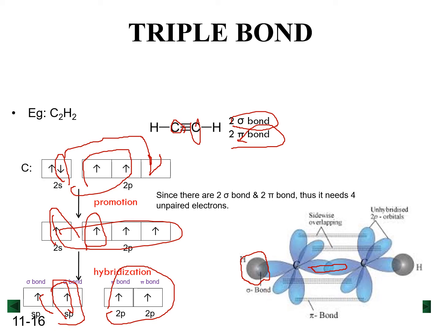The unhybridized p orbitals will overlap side by side, forming two pi bonds.